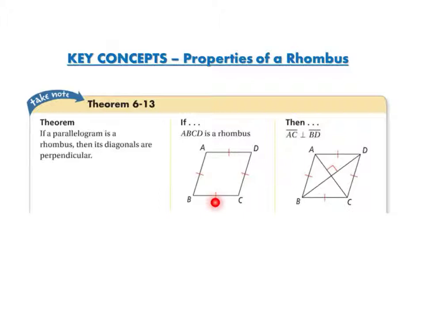So if I draw this diagonal from A to C, you'll notice that these sides are congruent here, and these sides are congruent. And if you remember, that gives me 2 isosceles triangles. When we looked at congruent triangles, this bottom line, if I pulled those triangles apart, those lines would still be congruent.